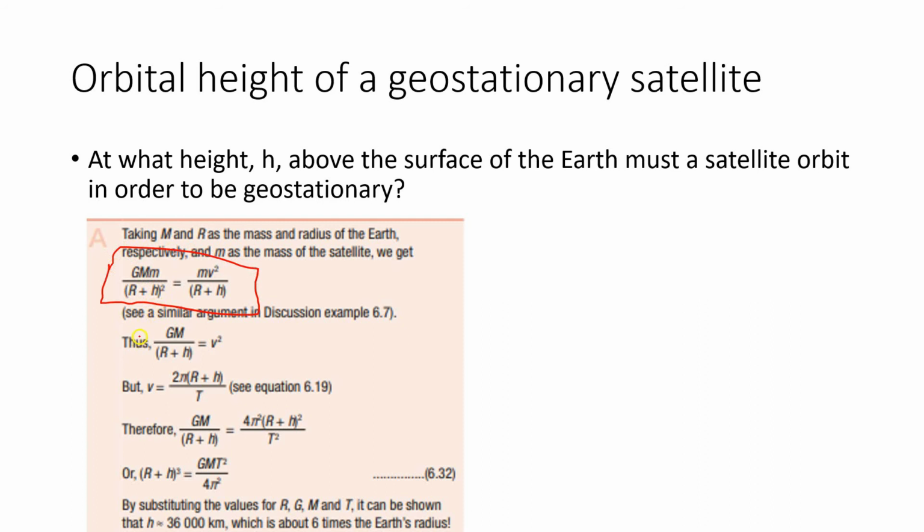So similar to what we did just a while ago in the few previous slides, we could have found out how high above the Earth's surface the satellite should basically be positioned, so to speak, right?